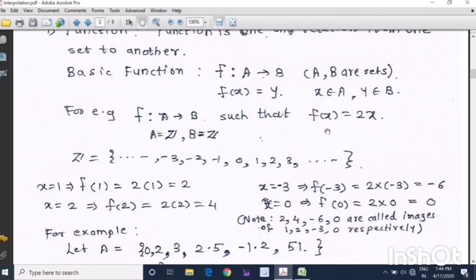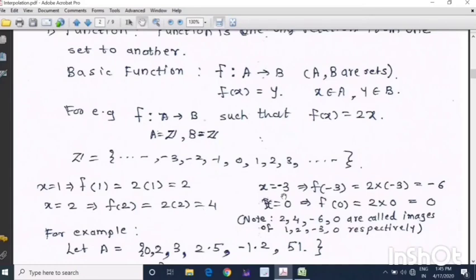So f of 1 equals 2 into 1, because we have the formula 2 into x, which equals 2. Similarly, when x equals 2, f of 2 equals 2 into 2, which equals 4.